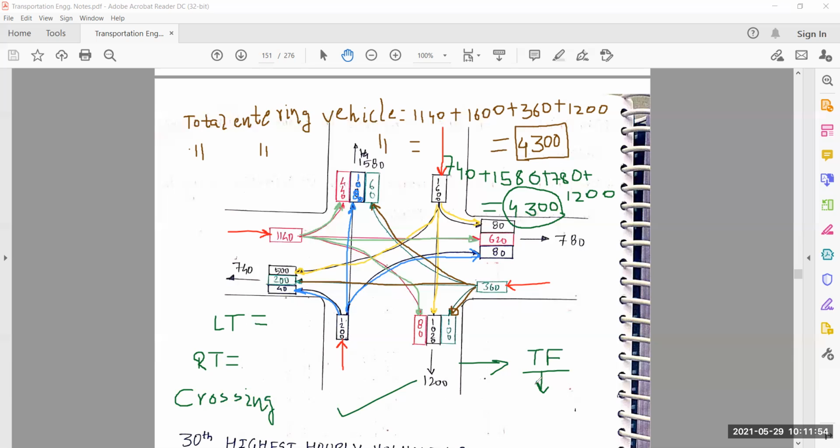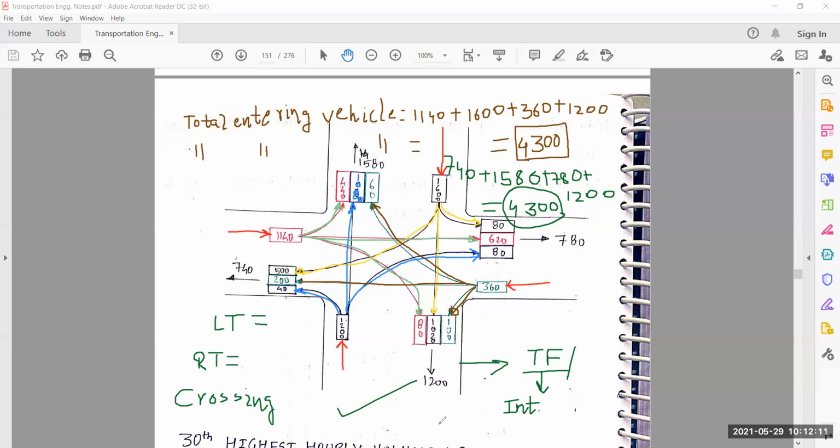So this is the traffic flow diagram at intersection.